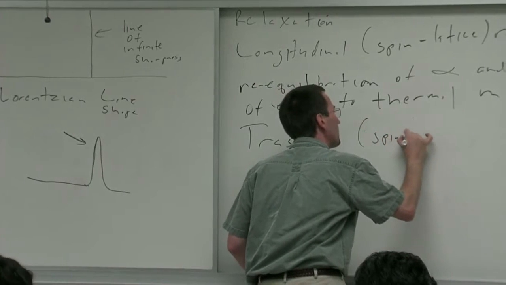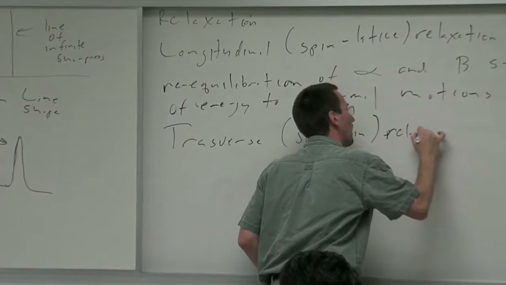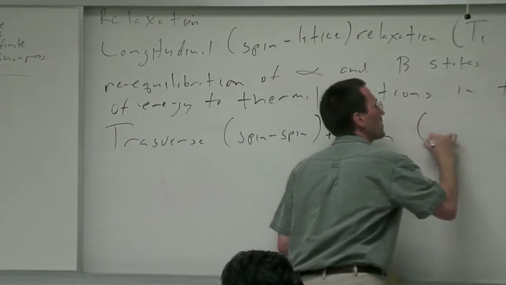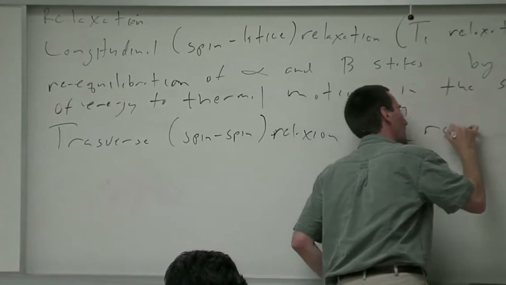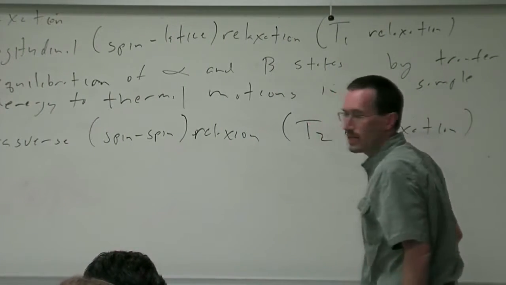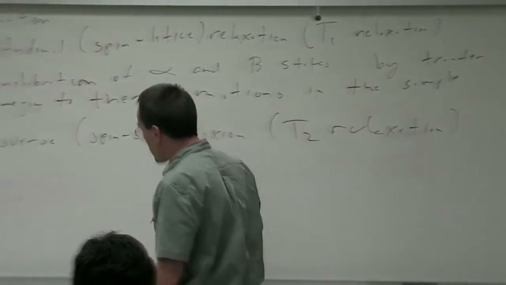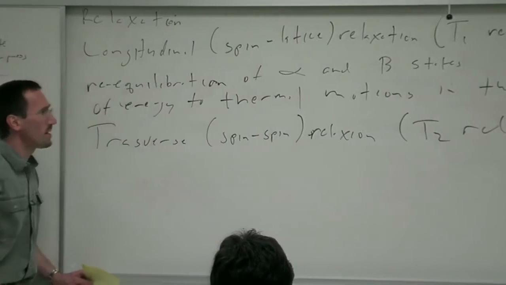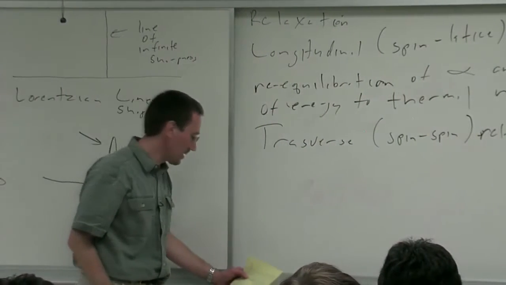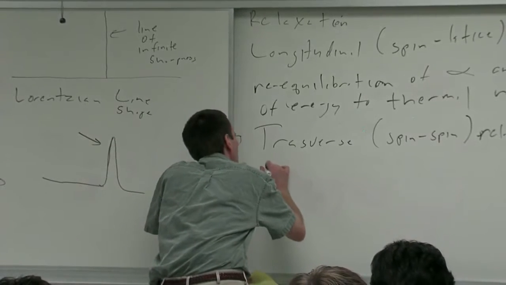sometimes called spin-spin relaxation, sometimes called T2 relaxation. And what transverse relaxation involves is interaction of spins with other spins in the sample, leading to an unbunching of spins in the xy plane.